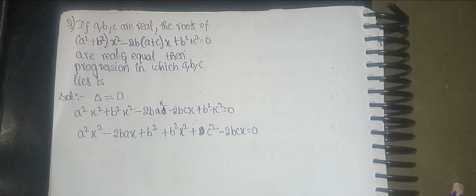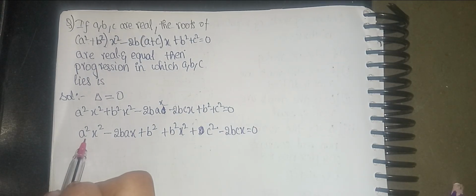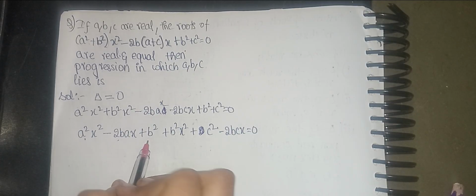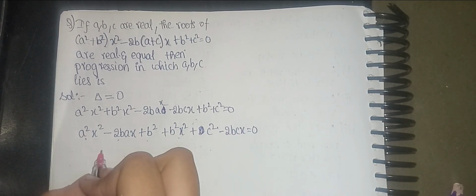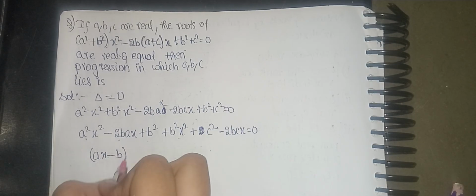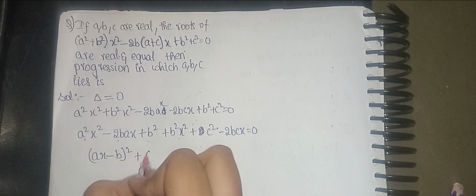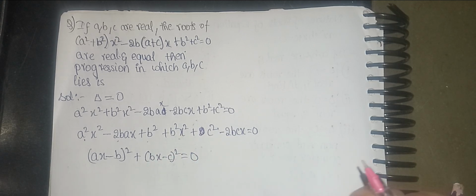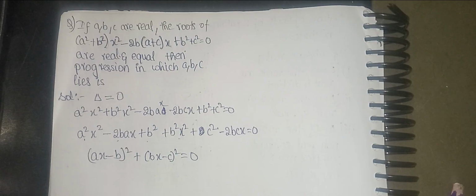We can write it in this way, right? Here it is in the form of a² − 2ab + b². It is also in the same way, means (ax − b)² + (bx − c)² = 0, right?